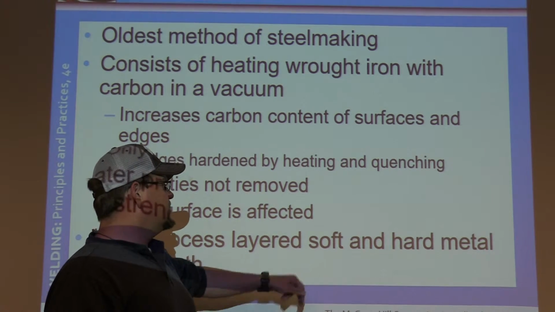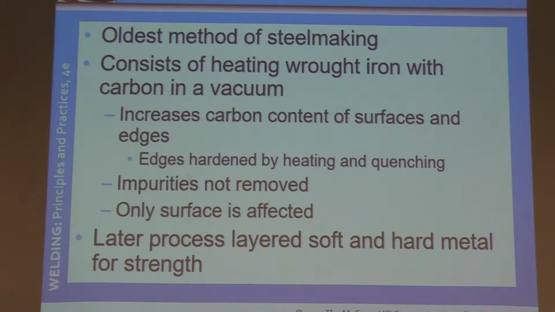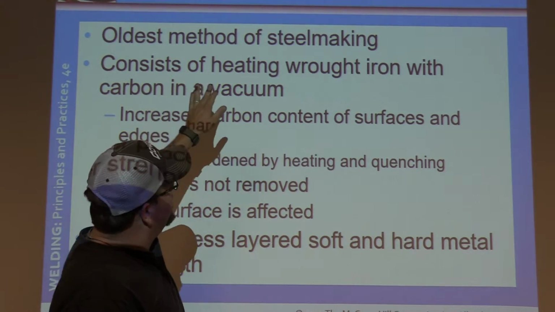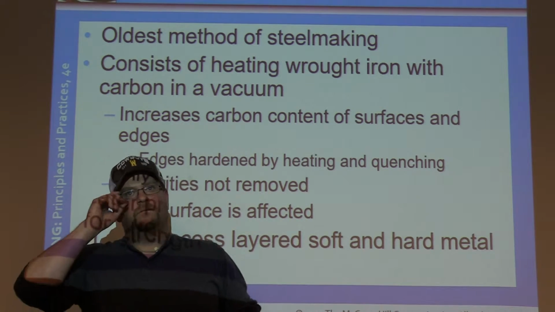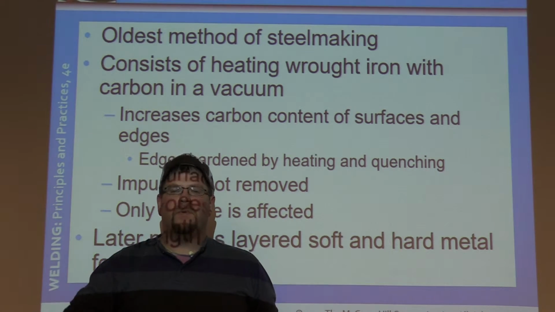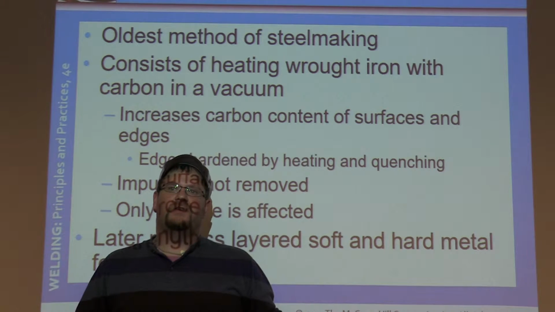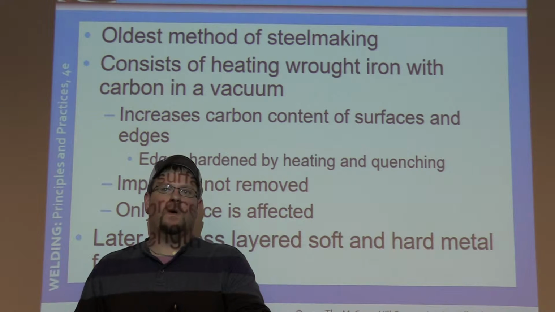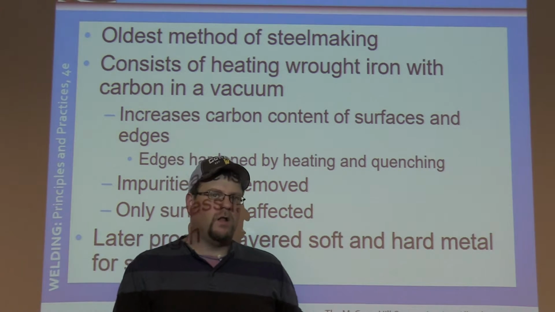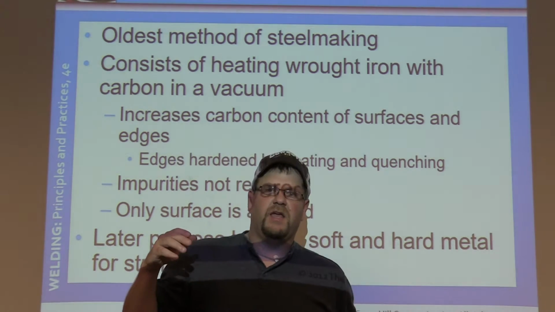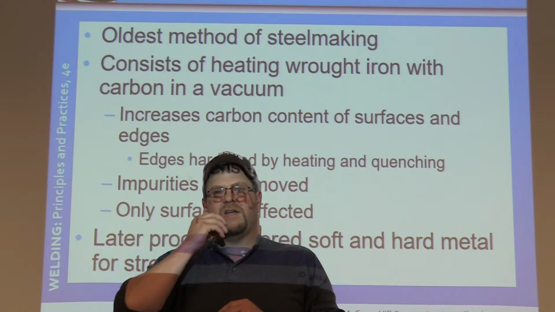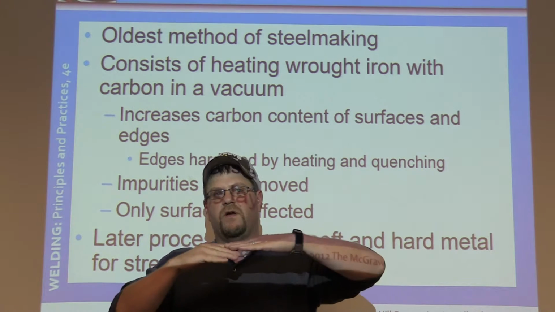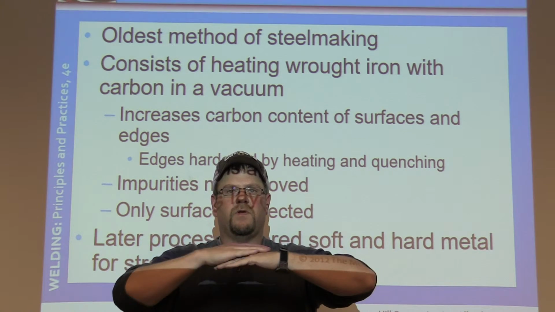The later process is layered soft and hard metal for strength. So this is very similar. We'll talk about cementation. And then on a microscopic scale, it is essentially like laminate woods or other materials as well. What they found out is that you add some strength and ductility by putting a soft material in between hard materials.